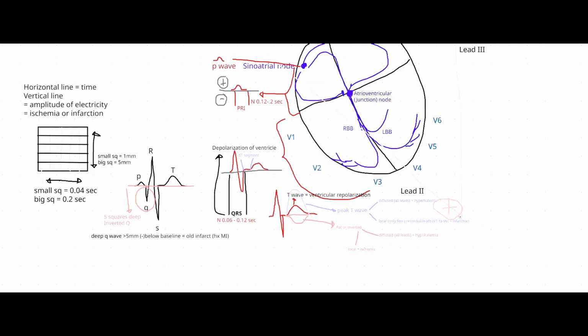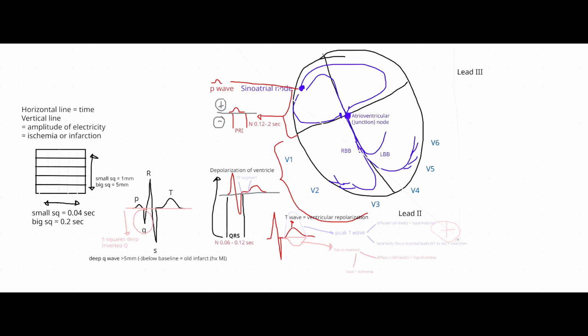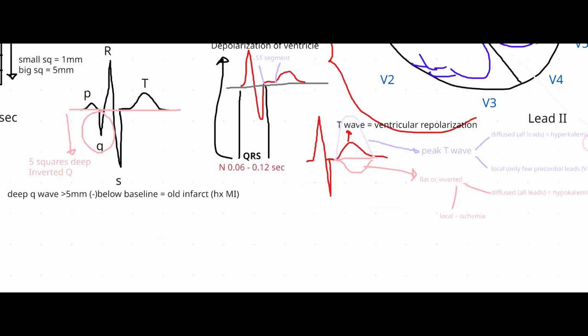So let me also go back to your QRS, because I want you to remember something important. In your QRS complex, we say this is normal, right? So therefore, if the QRS is greater than 0.12 seconds, then we're considering that a wide QRS, right?